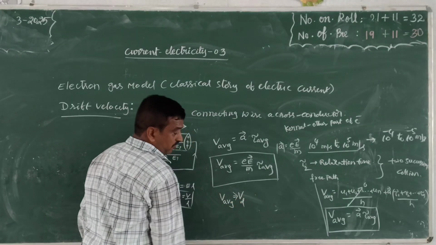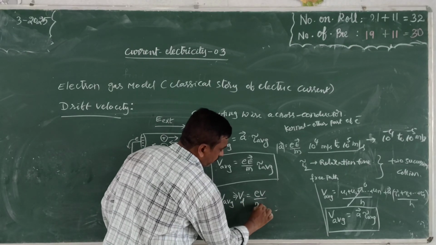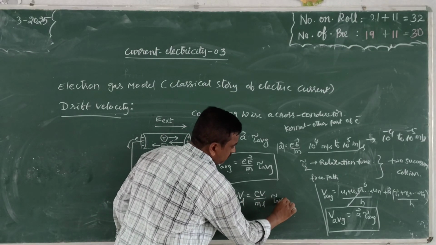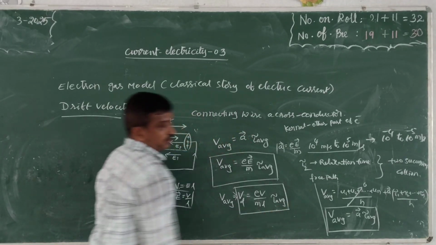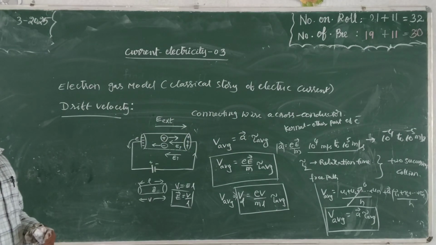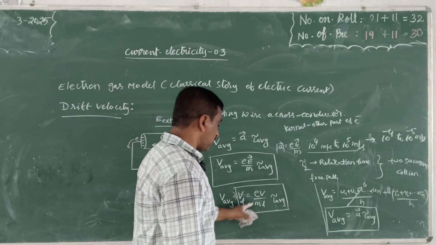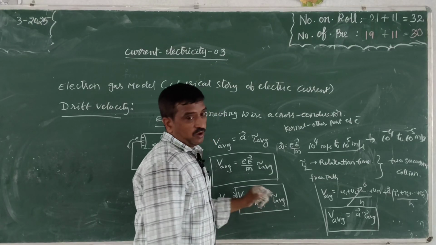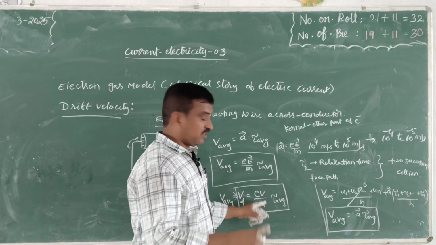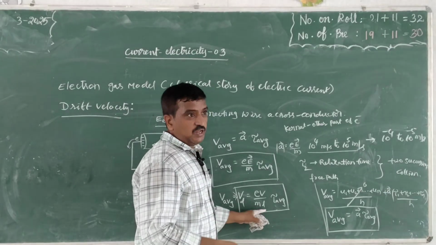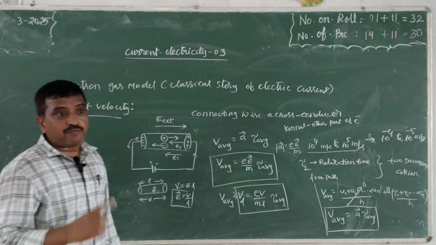See, that drift velocity we can write as E, where E means V by L, m is already there, tau average. It is the formula for drift velocity of a charged particle when a wire is connected across the conductor. In that case, the drift velocity of the charged particle is eV by mL tau average. Here e means charge of electron, V means potential difference, m means mass of the charged particle, L means length of the conductor, tau average means average relaxation time.